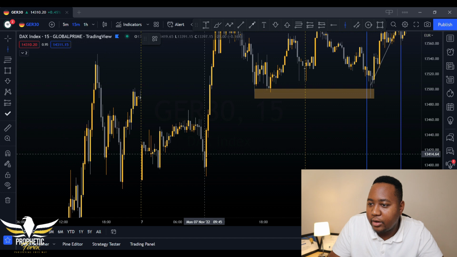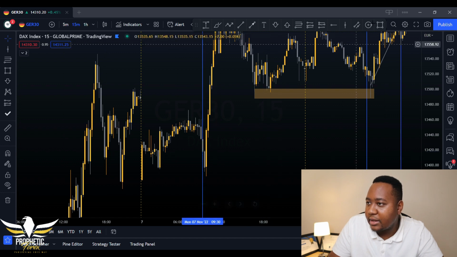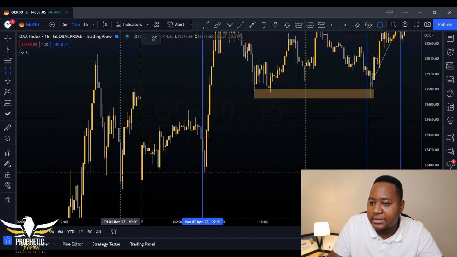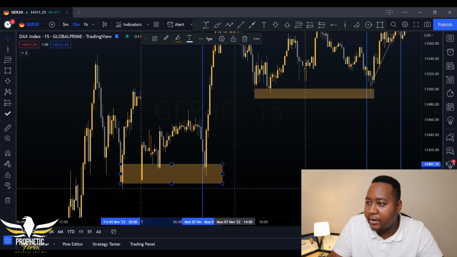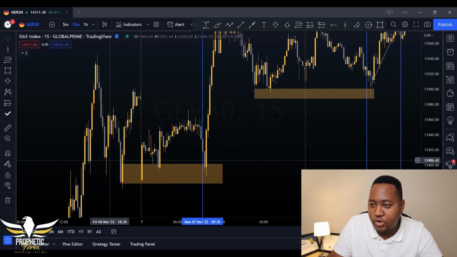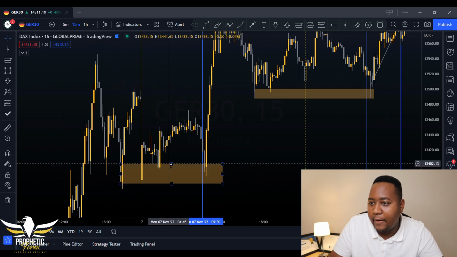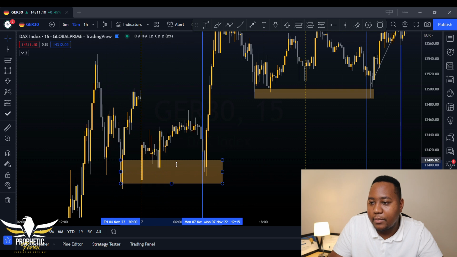Again, 9 a.m. over here, and we can exactly see what happened here. We had a supply that actually did hit this market, as you can see. So if we can just take that, of course this would be refined, unless you want to take the whole candle right there. But that was going to be a demand level.